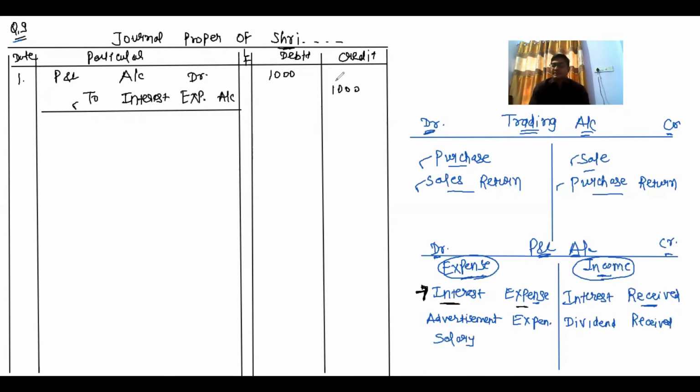Second one, sales return account. Sales return account is on the debit side, but it is for trading account. So now trading account debit to sales return account. Amount 3000.